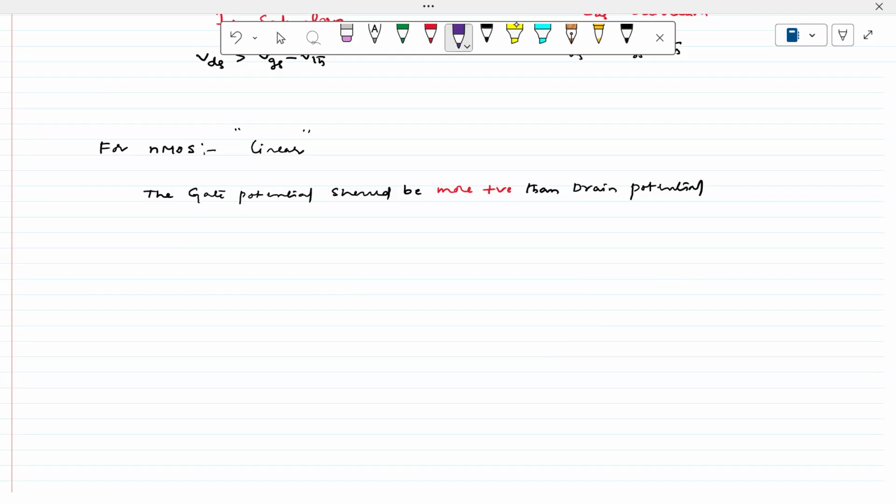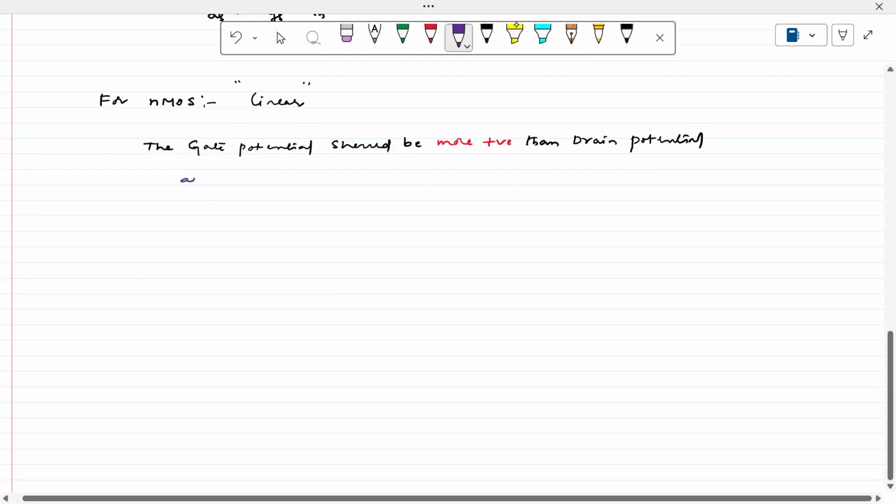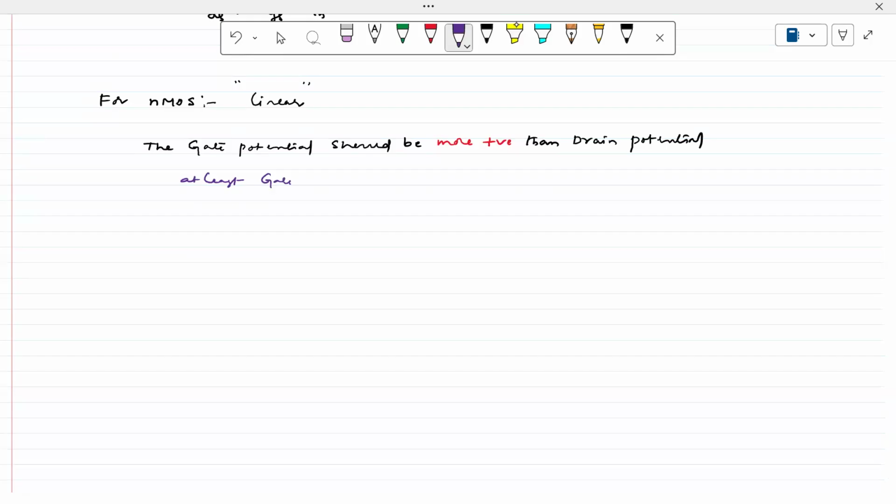At least, gate potential should be one threshold more than drain. Whatever the drain potential is, if you add one threshold and apply that much value at the gate, then it should be in the linear region.